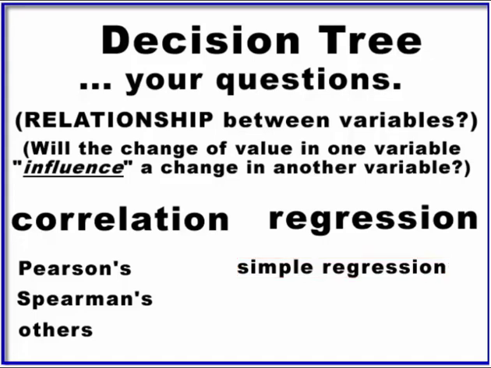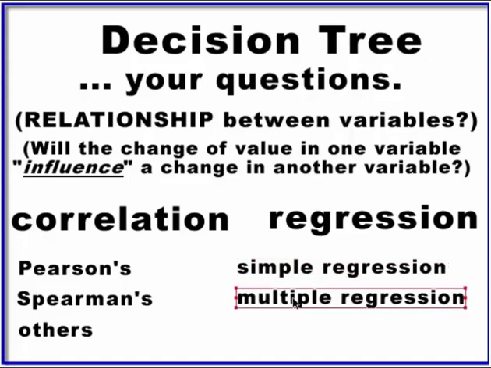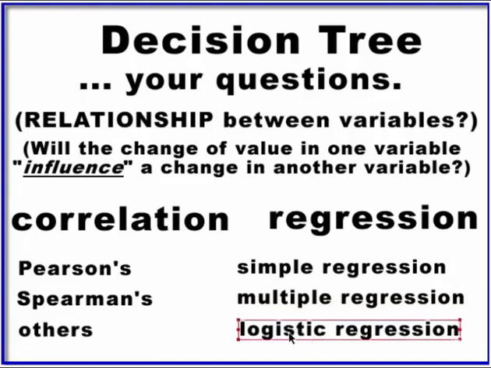Now, if there's more than one IV, it's called a multiple regression, and most of us do have more than one IV. So multiple regression. The IVs in this are called the predictors, and the DV is called the outcome or the criterion. But again, you've got multiple IVs and just one DV. Now, if your DV is a dichotomous categorical variable, then you could do a logistic regression.